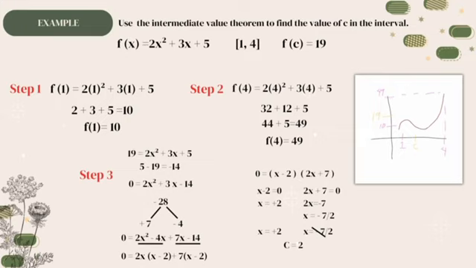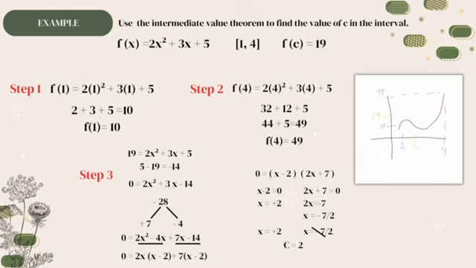So, 5 minus 19 is negative 14. We have now 0 equals 2x squared plus 3x minus 14. So, para ma-factor, i-multiply natin yung coefficient by the constant term. So, 2 times negative 14 is negative 28.